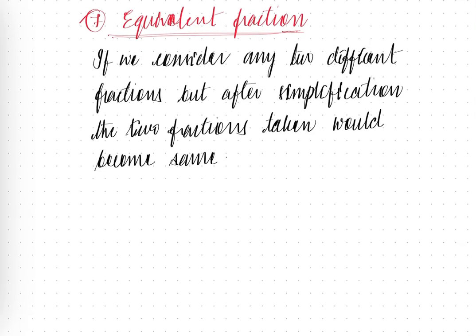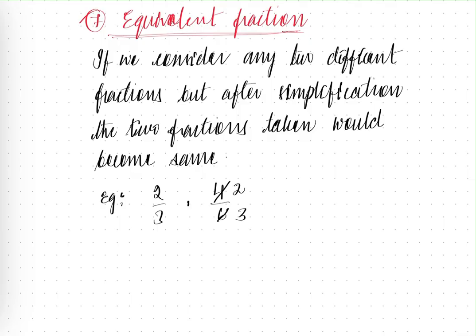For example, take 2 by 3 and 4 by 6. These are two different fractions. If I simplify this 4 by 6, 2 2s are 4 and 2 3s are 6.